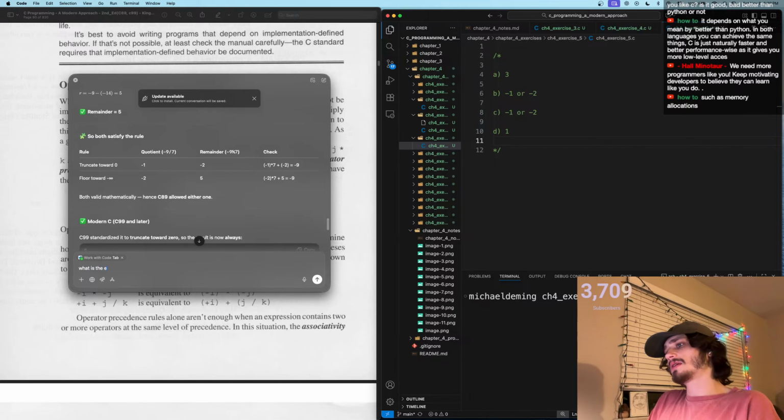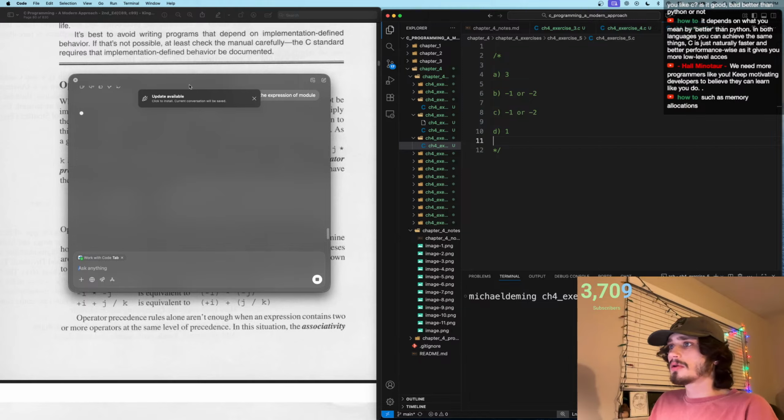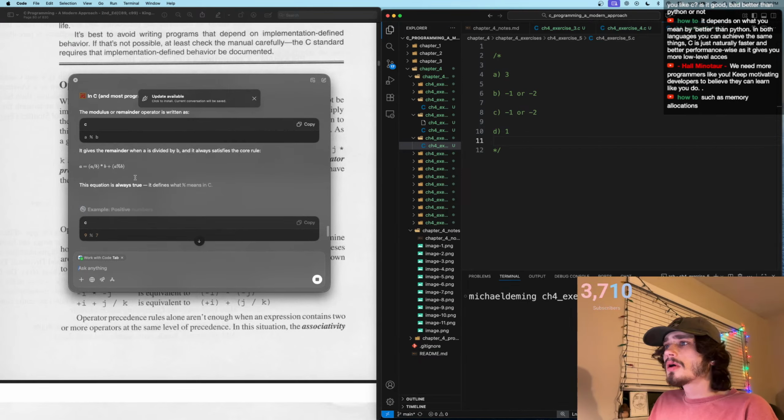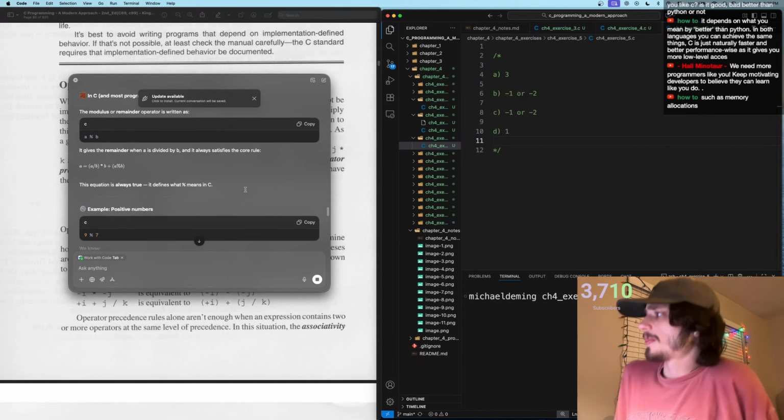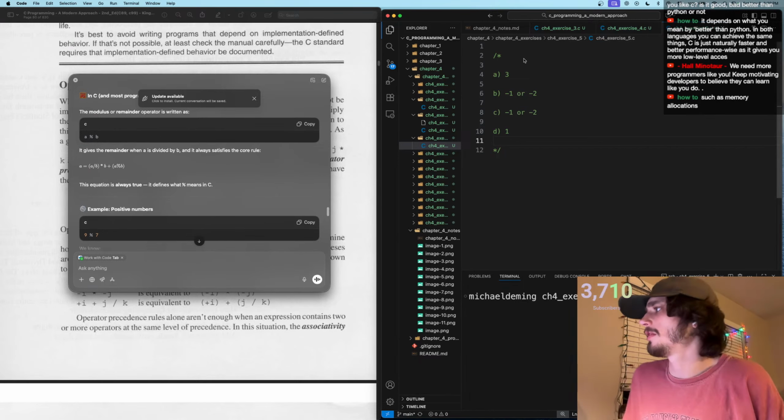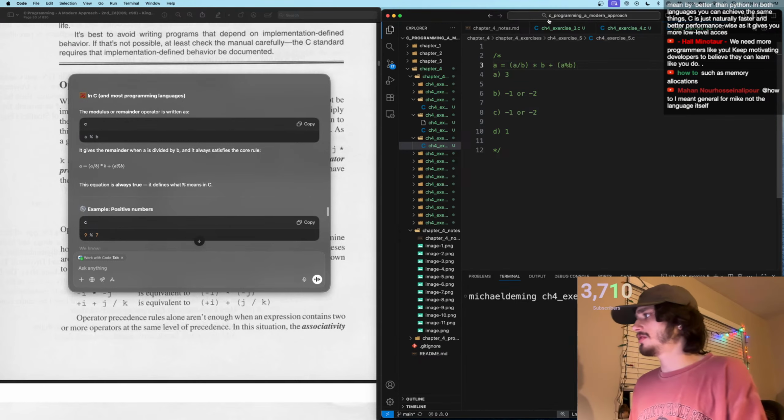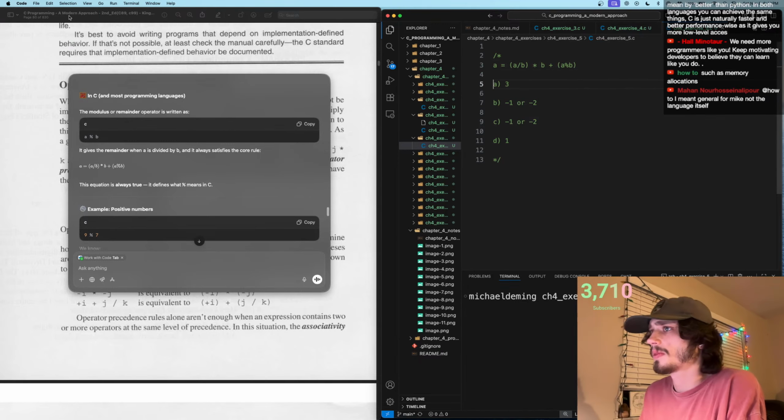What is that expression for modulo? A equals A divided by B times B plus the remainder. Okay, so A equals A divided by B times B plus A modulo B. Right? That's the expression that is used to satisfy this, okay?